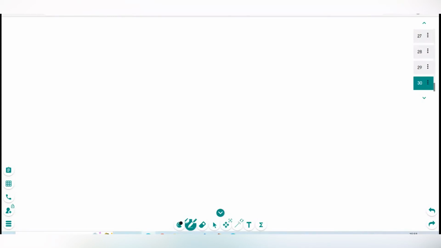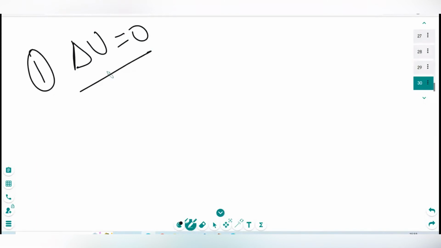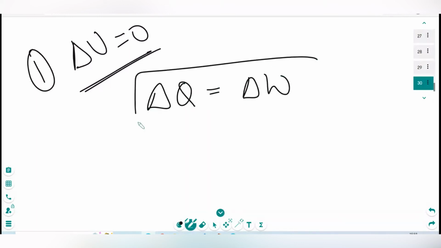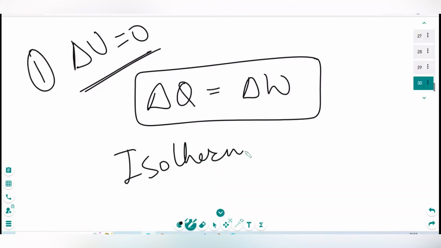Case 1: when the system undergoes a process where the change in internal energy, U, is 0, then Q becomes equal to W. These kinds of processes are called isothermal processes.